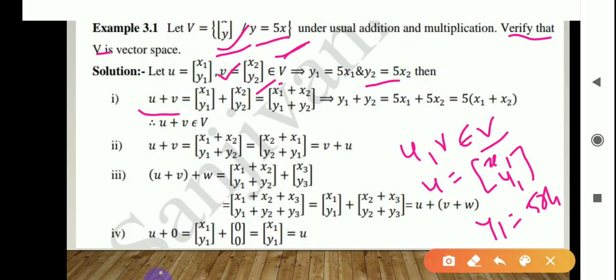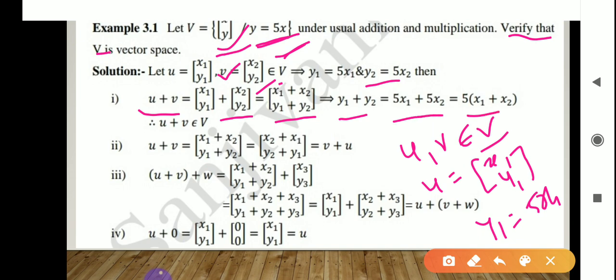Now u plus v is simply the addition of two matrices: (x1, y1) plus (x2, y2) is equal to (x1 plus x2, y1 plus y2). This is also a column matrix. We have to check whether y1 plus y2 is equal to 5 times (x1 plus x2).